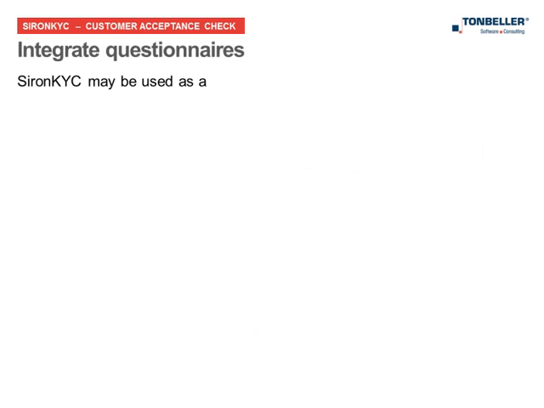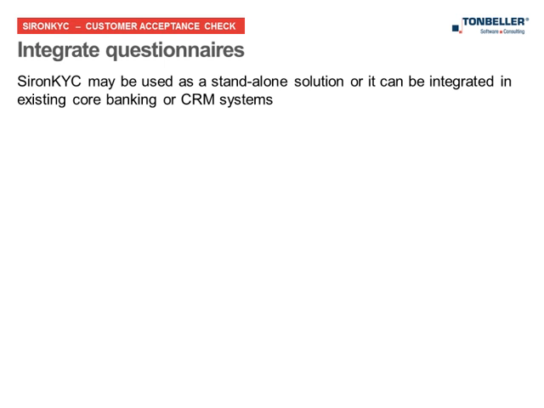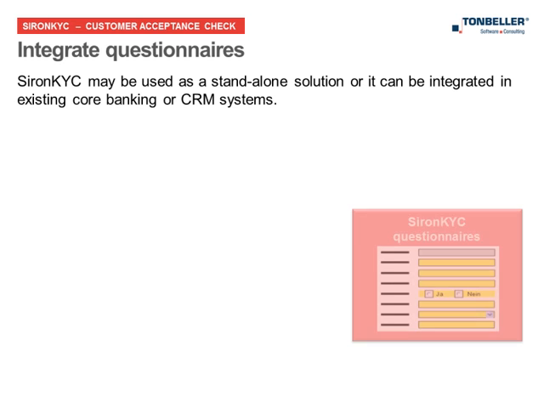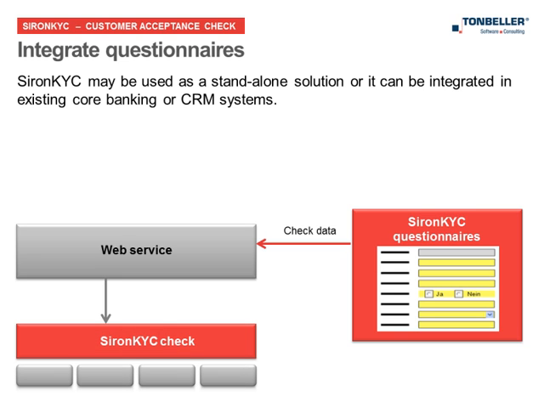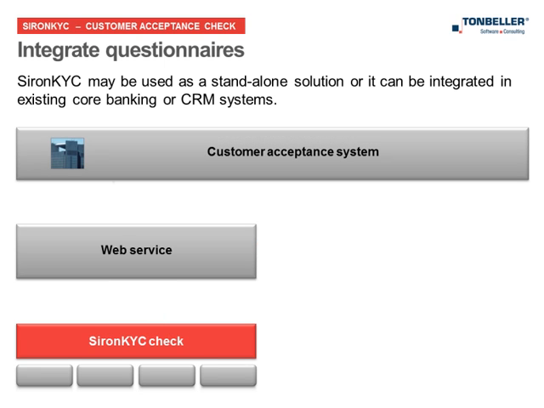Siron KYC may be used as a standalone solution, or it can be integrated in existing core banking or CRM systems. There are these options. Siron KYC handles the entire customer acceptance process. The bank already has an electronic questionnaire.